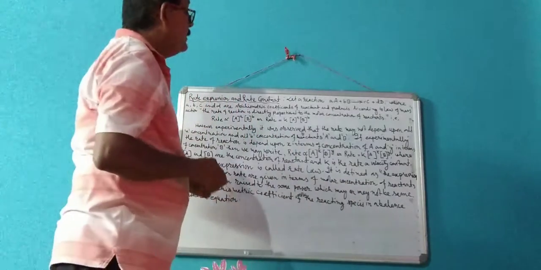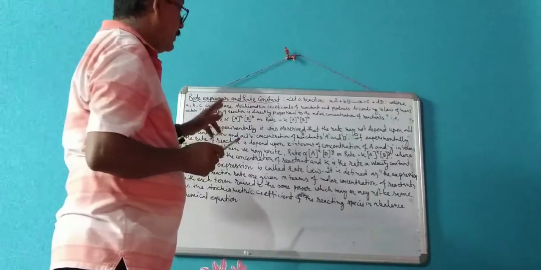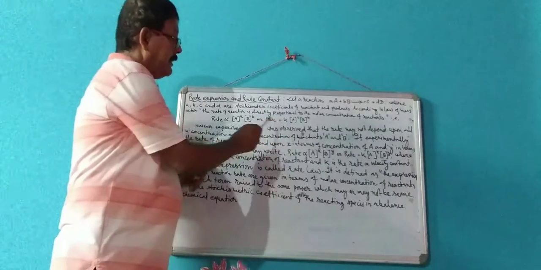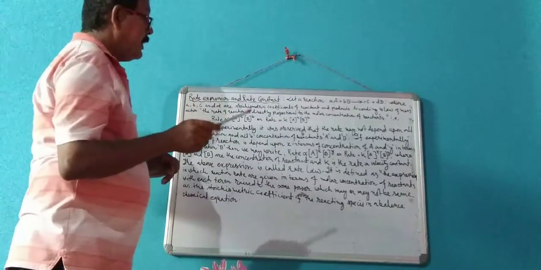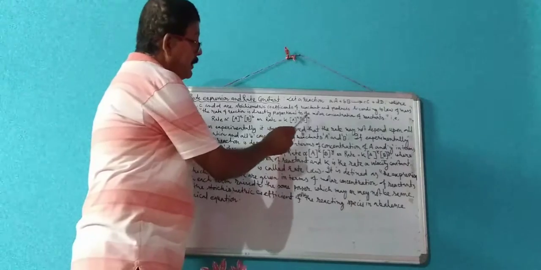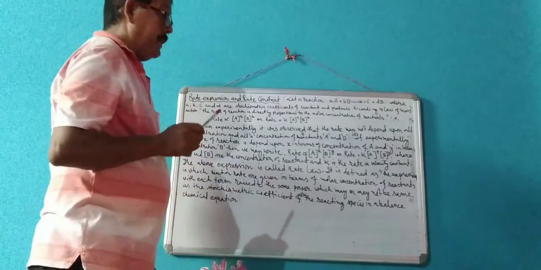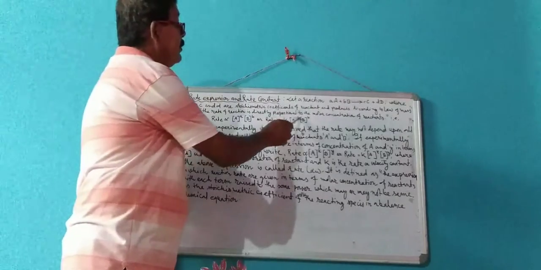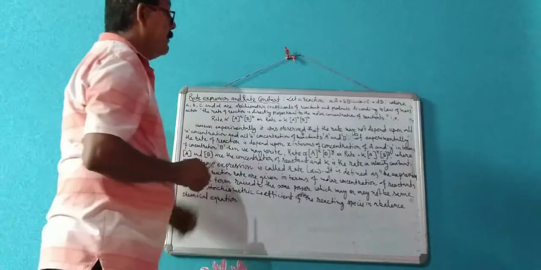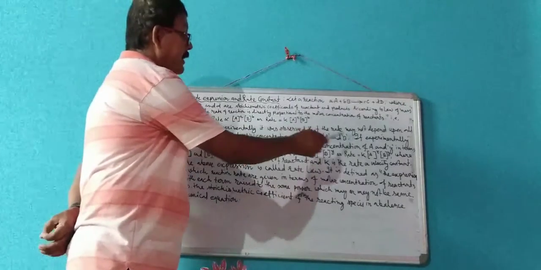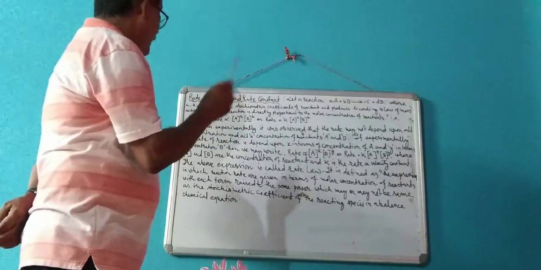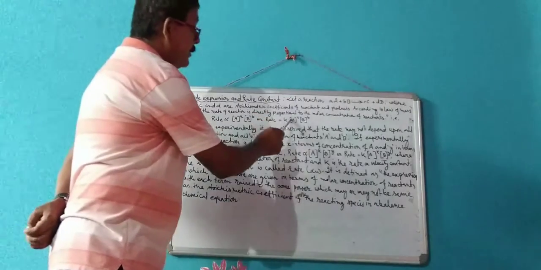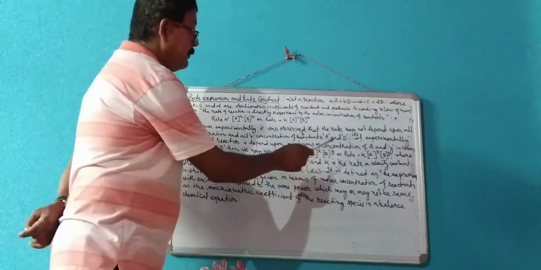That means experimentally it may or may not be equal to a and b. So let us take that experimentally it is found that it depends on x in terms of A and y in terms of B, then the rate of reaction becomes this one.